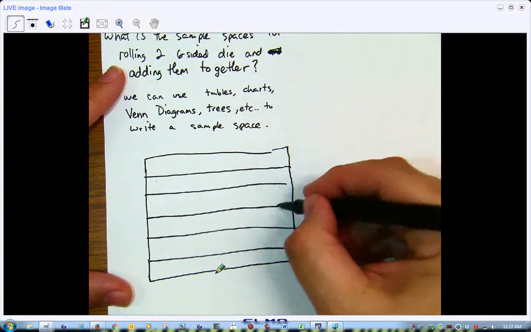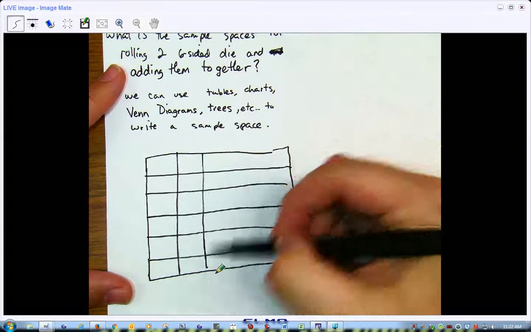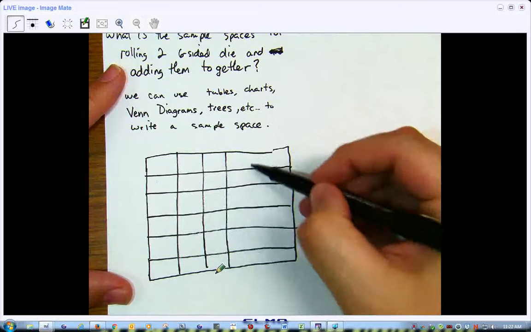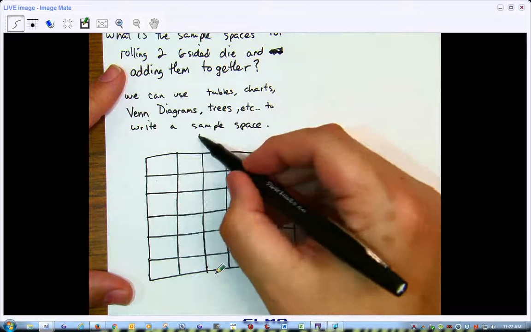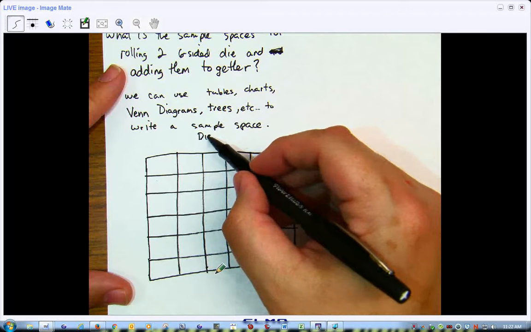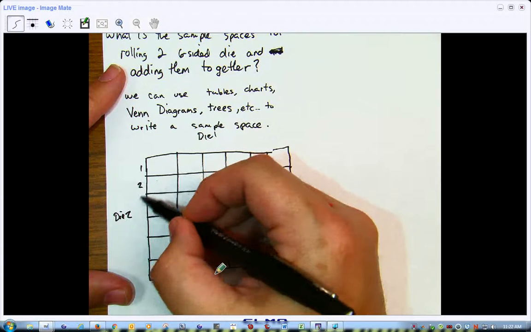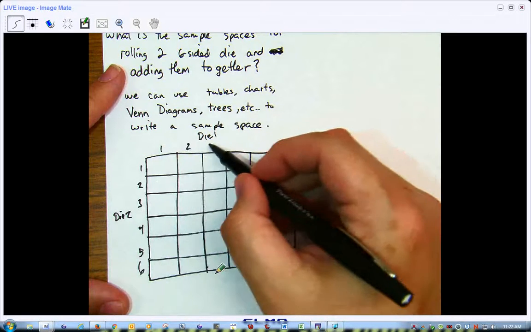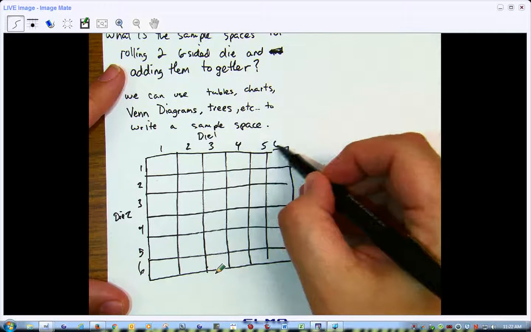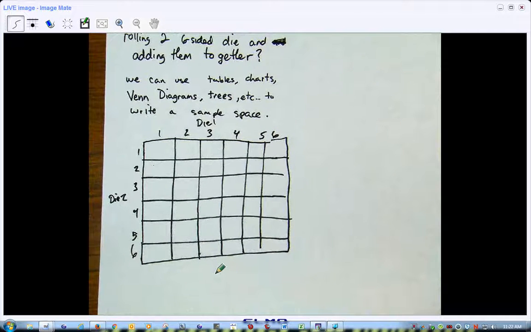And that would be 1, 2, 3, 4, 5, and 6. So we might call this die 1, die 2, 1, 2, 3, 4, 5, 6. This is a typical setup for the sample space of rolling 2 die.